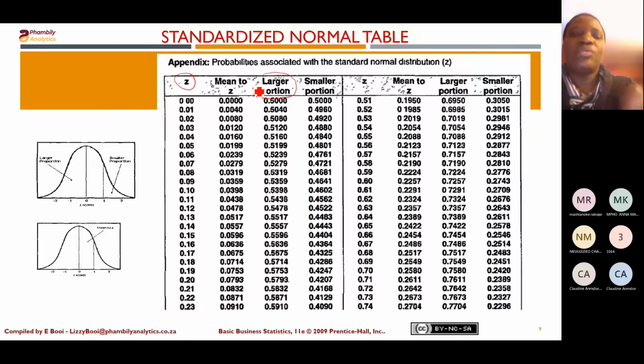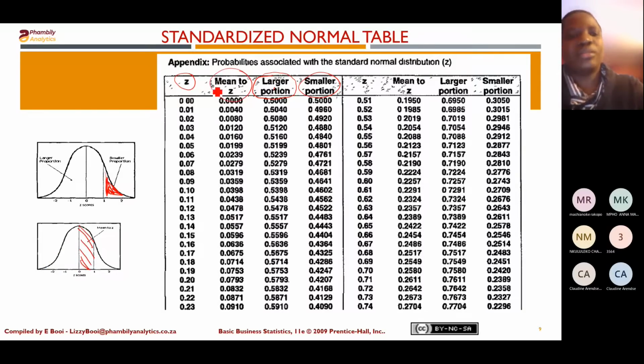When we look at the shaded area, if the shaded area is the smallest, if it's only this portion that is shaded, we're going to look at the smaller portion. If it's this side that is shaded, then we're going to look at the larger portion. For the mean to Z, it means we're going to be looking at the between.